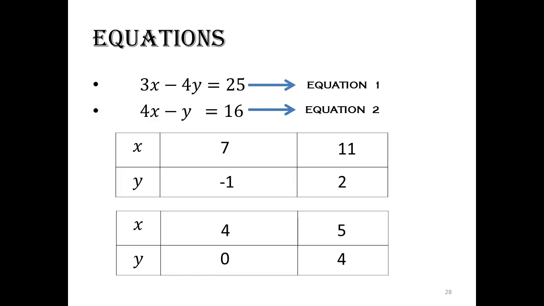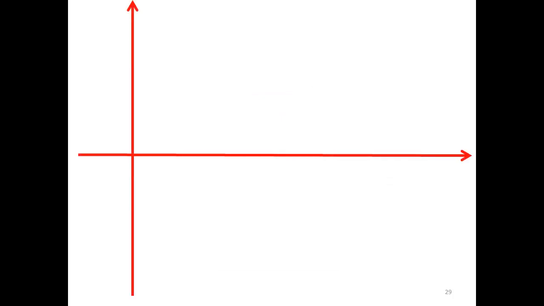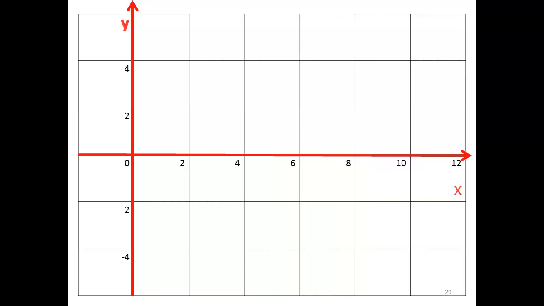Once we have drawn the tables of both equations, next we have to plot each table on the Cartesian coordinate system. This is x-axis, this is y-axis, and these are the grid lines.